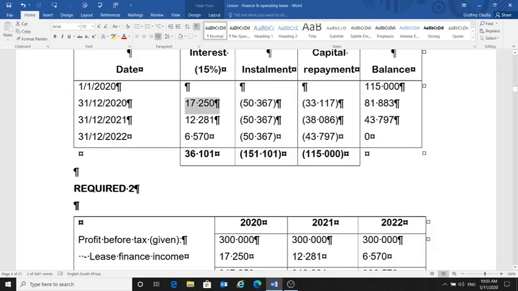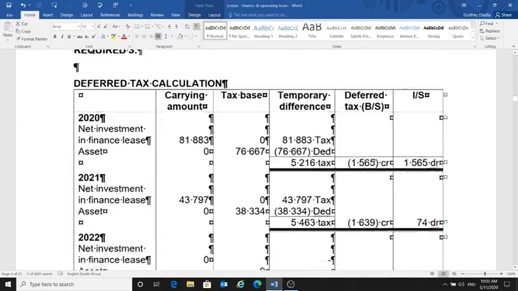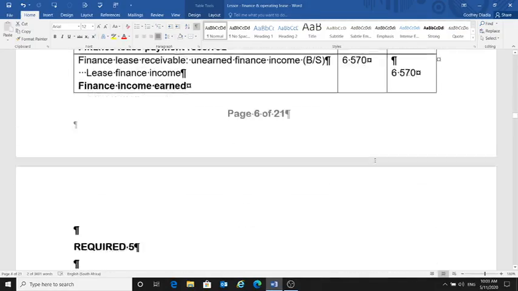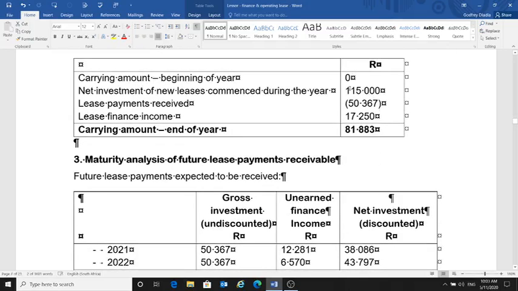Here is the interest, and your closing balance by end of that year is 81, which is the same thing. If you look at here, they're just rewriting the analysis here. 115, payment, interest, and you see the balance is still the same as the closing balance in the amortization table.